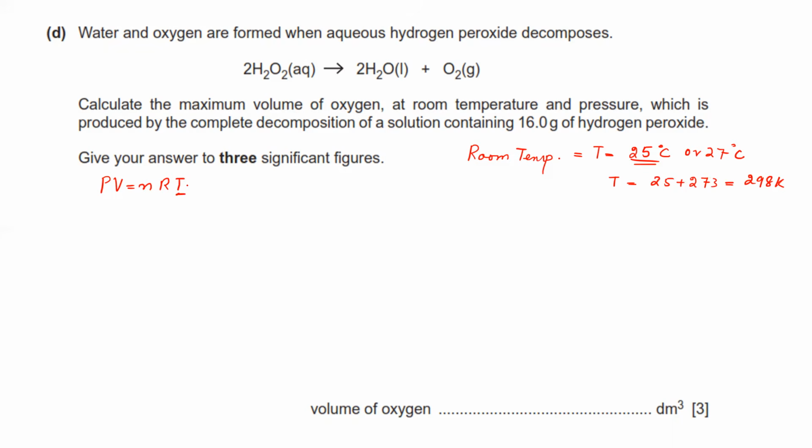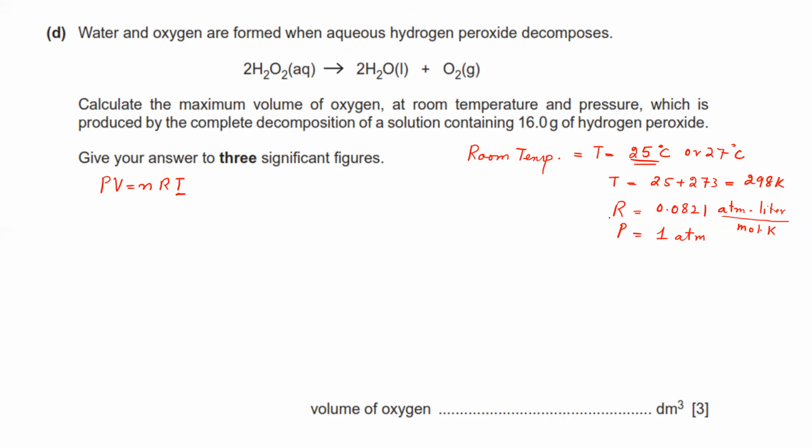The value of R is 0.0821, and pressure, room temperature and pressure, is 1 atm. And remember the units for R are atm, liter, mole, Kelvin. So remember 1 liter is 1 decimeter cube as well.